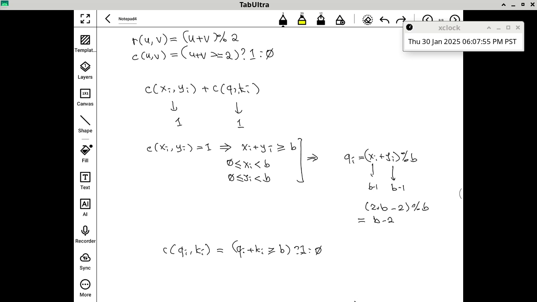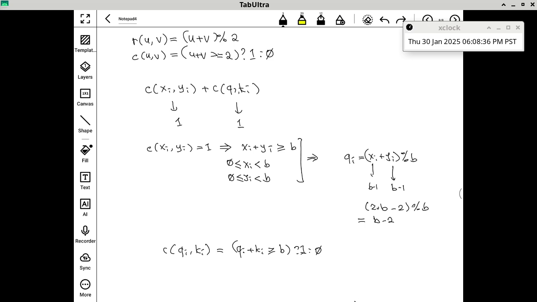So now you say, well, q of i can at the most be b minus 2. K of i can be at the most 1. Now, I'm not going to say why we can assume k of i to be a 1, because that depends on proof by induction, because the first column is guaranteed to have k of 0 being between 0 and 1, and by proof of induction, we can now use that as an assumption.